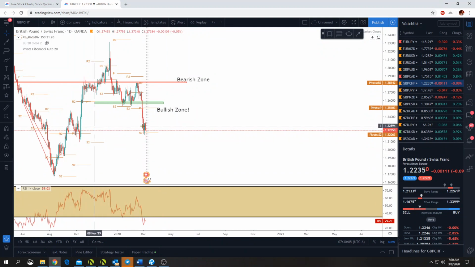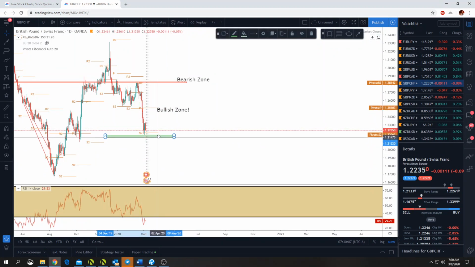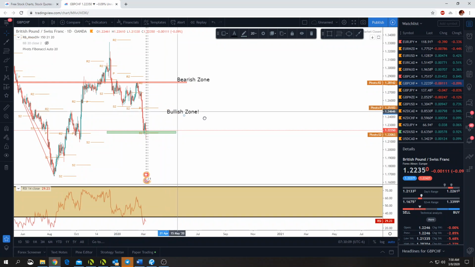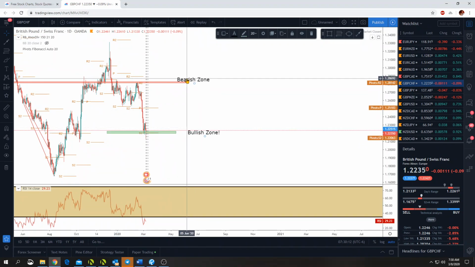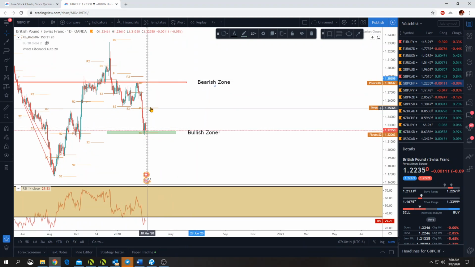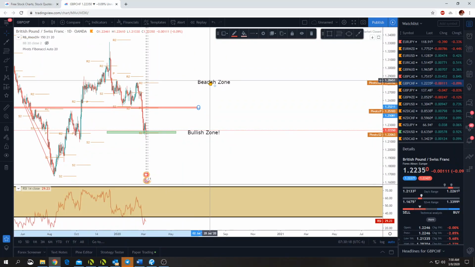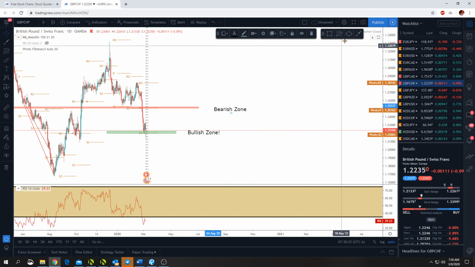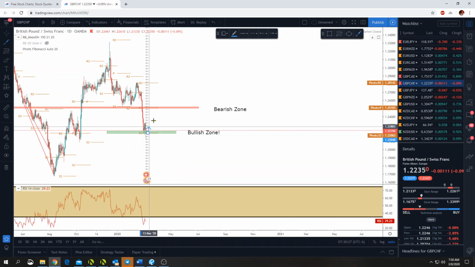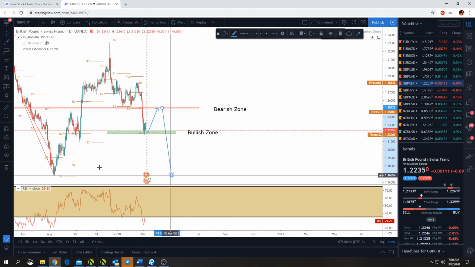British pound, Swiss franc. All right. So we've stalled out on S2. And now we're going to wait to see if we bust through that level. I like it up to this pivot, this missed pivot right here. So I'm going to turn this one red because we might just get the bounce we're looking for back up to that pivot, and then we'll want to sell from there all the way back down to there.